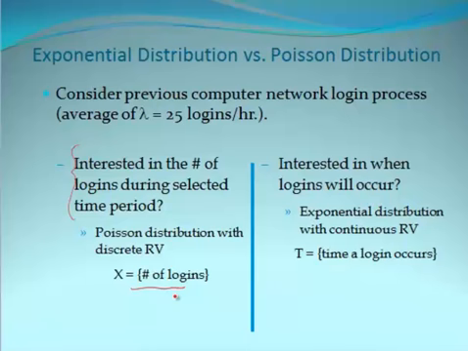So that's going to be discrete. Otherwise, we're interested in when the logins will occur. And that's an exponential distribution with a continuous random variable. It's when it will occur, so it's not this sort of digital thing, the number of logins.